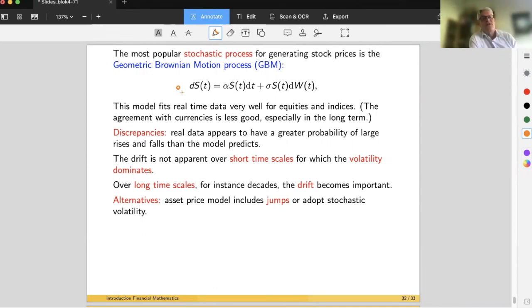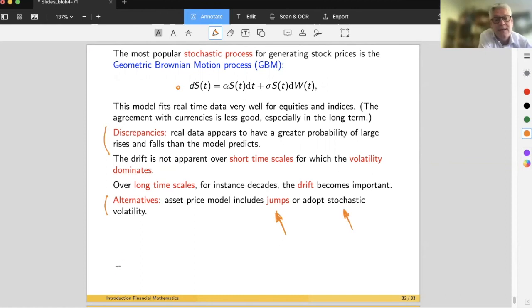However, there are discrepancies. Real data appears to have a greater probability of large rises and falls. If we want to model the asset prices more realistically, then we need either to include jumps in our asset price model, or we look for a stochastic process for the volatility itself.